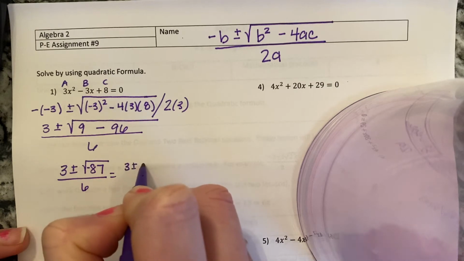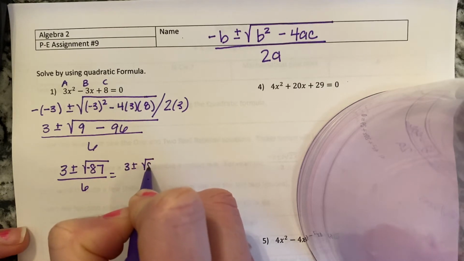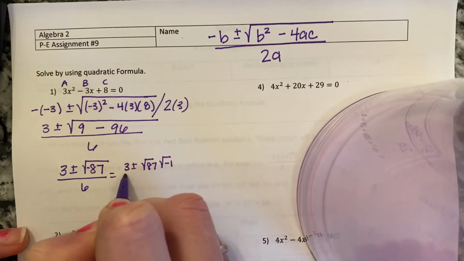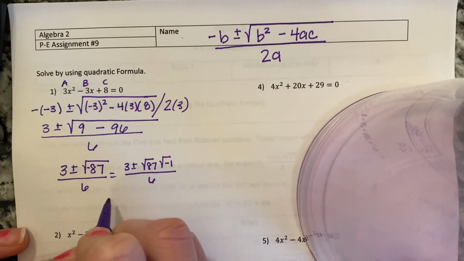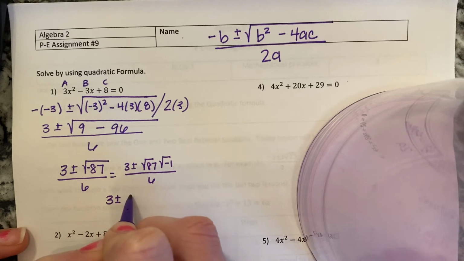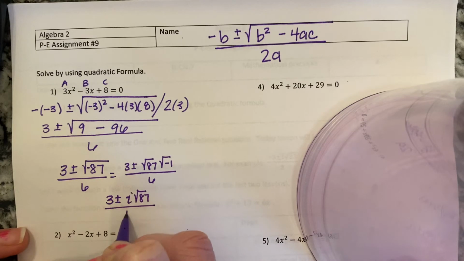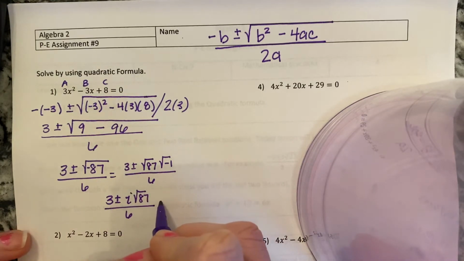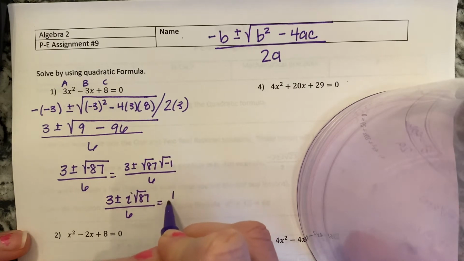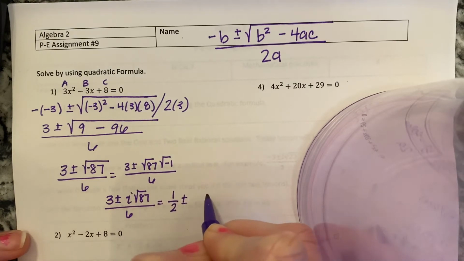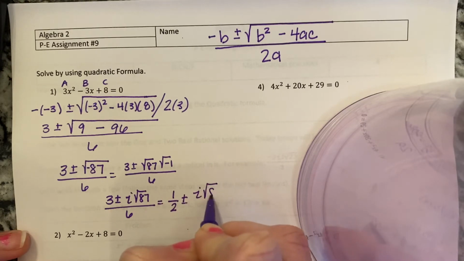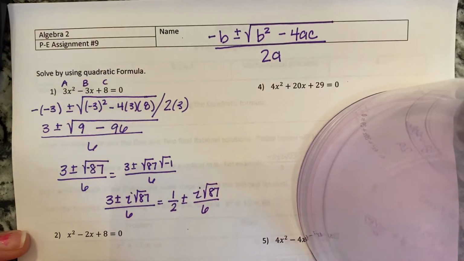So 3 plus or minus the square root of 87 times the square root of negative 1 over 6 is 3 plus or minus i times the square root of 87 over 6. 3 and 6 you should recognize, hopefully reduce. So you get 1/2 plus or minus i radical 87 over 6. Okay? It's not pretty. It isn't going to be a pretty answer for any of these.